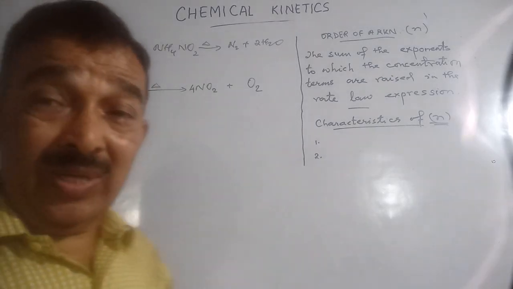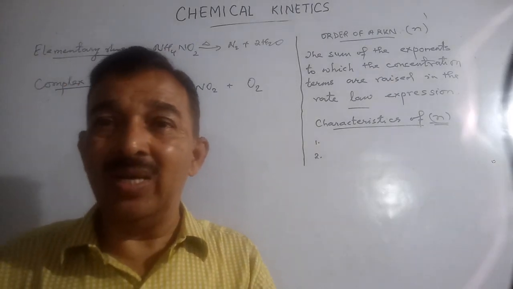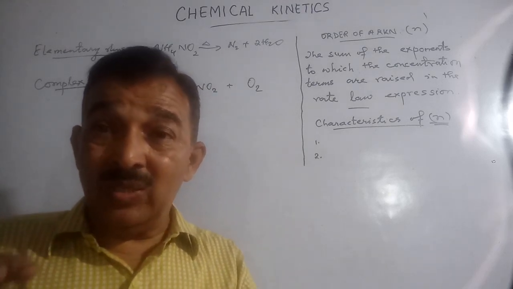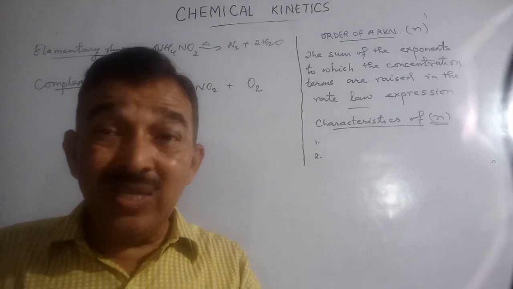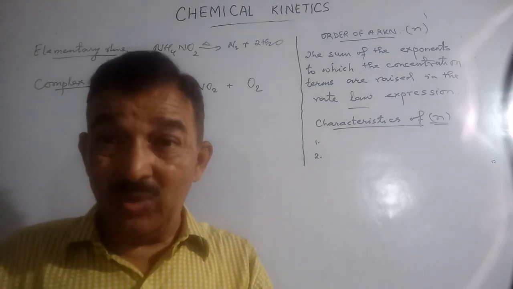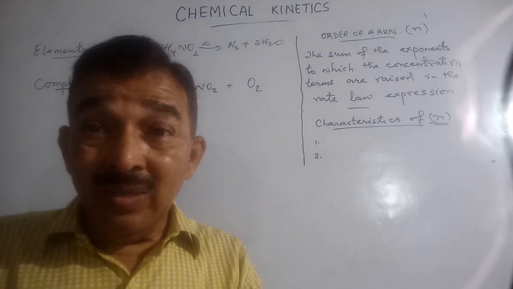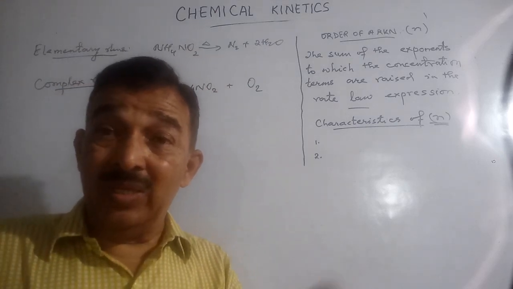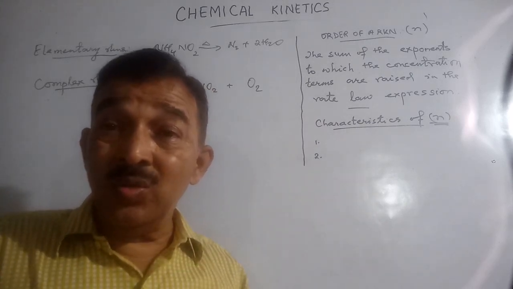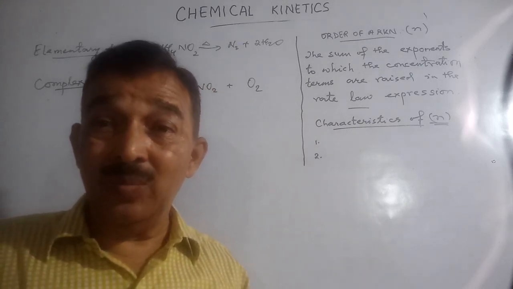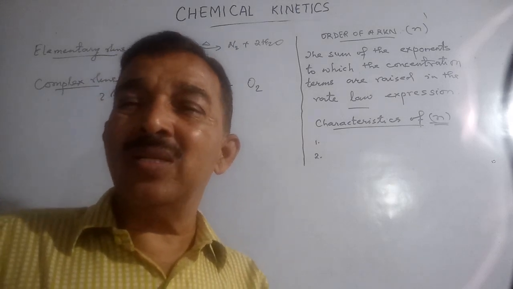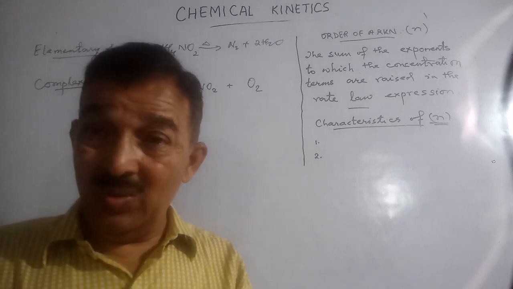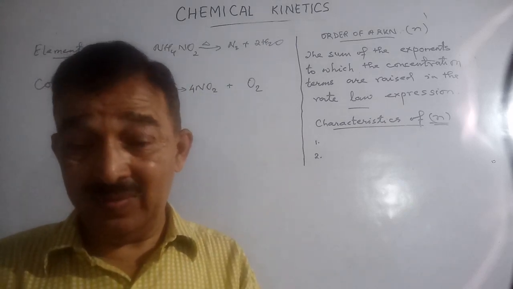Another way to say it is that in the first step, the product formed is unstable and is called an intermediate product. This intermediate product may decompose on its own or may react with the reactants to give the final stable product. So those chemical reactions which take place in more than one step are called complex reactions.